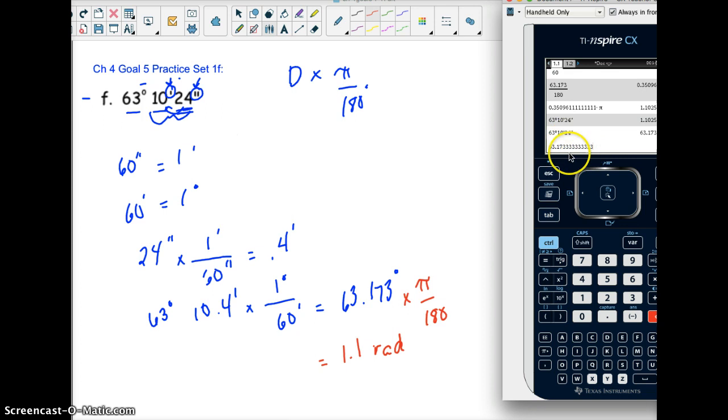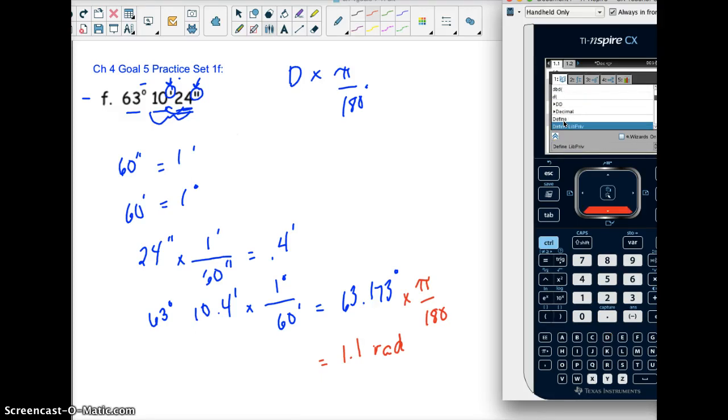So I take my degree value and I go under the catalog. In the catalog, you notice that you have several tabs up top. You want to be in the leftmost tab, and then it gives every calculator command in this column in alphabetical order. So I know I want to convert to degrees, minutes, seconds, so I'm going to press D, and it's going to jump my menu all the way down to D, and I will continue to scroll down until I find DMS.